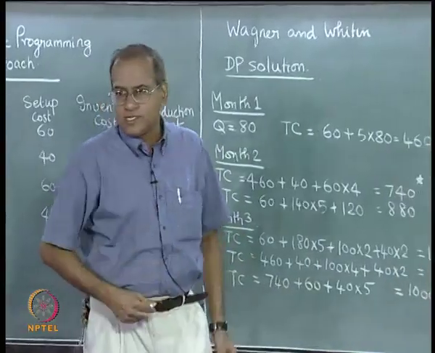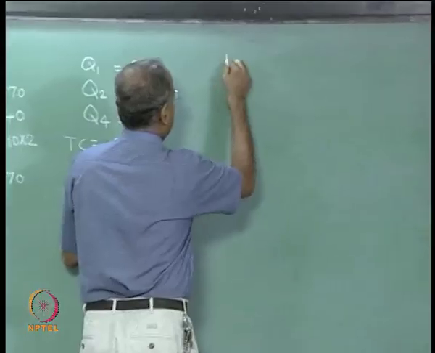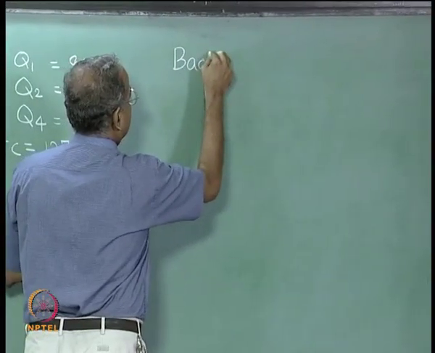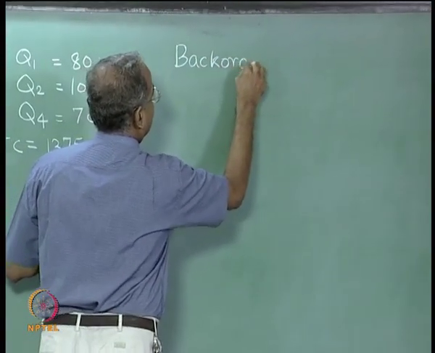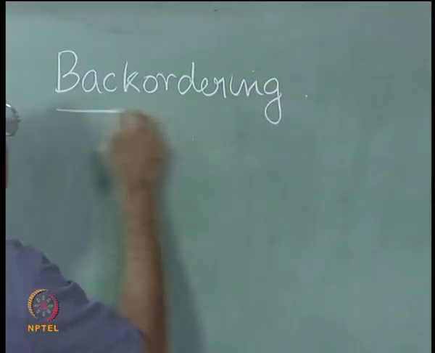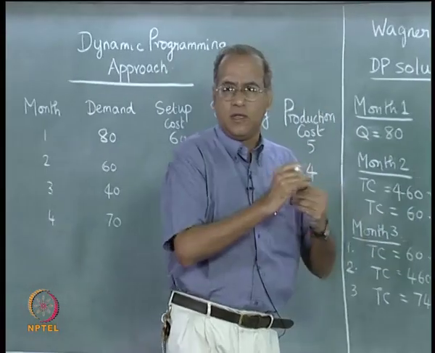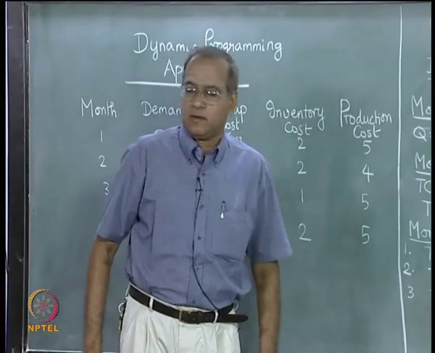Then comes the next question: do we allow backordering in the Wagner-Whitin solution? So, we also address the backorder problem. The problem gets a little more involved when we consider backordering.